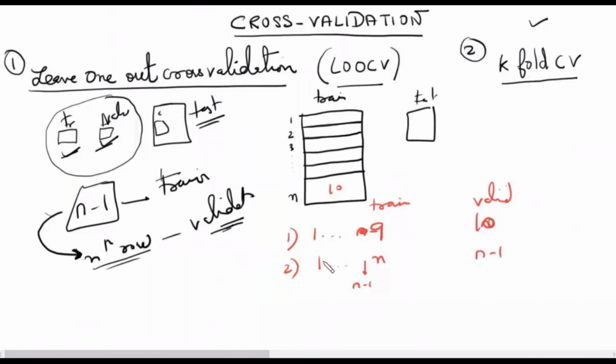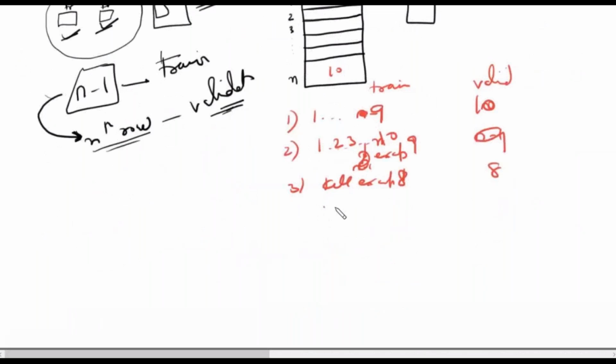Then we will take 1, 2, 3 all the way till 10 except 9, and 9 will be the validation. Similarly, we will take all except 8 and 8 will be the validation, and this process will repeat. So ultimately you will see all the rows coming into validation one at a time, all the way till 1.